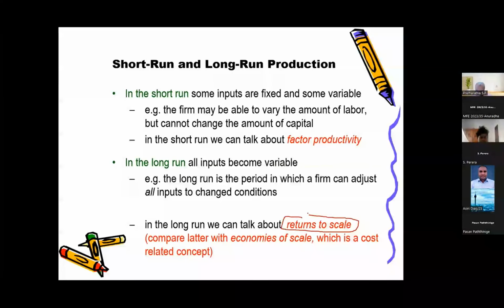About the change of the scale, there are three types of returns to scale. Usually, initially there is increasing returns to scale, then constant returns to scale, and decreasing returns to scale.